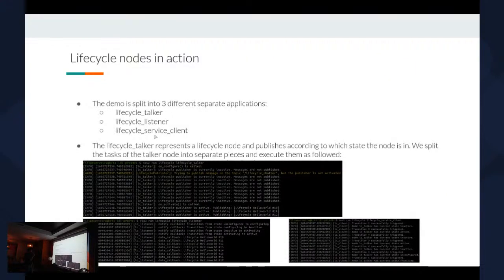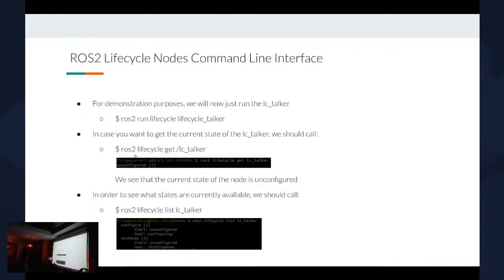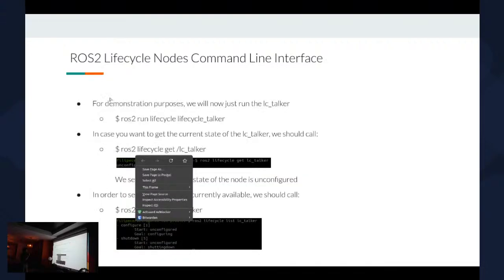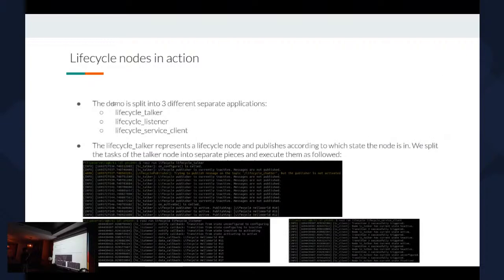Okay, now I'm going to demonstrate how this node lifecycle works, and I will maybe do it live. I already have here the result of what is expected. So we are running three different nodes. First, we are running the lifecycle talker, and this is simply a lifecycle node that will be publishing information to the ROS system.